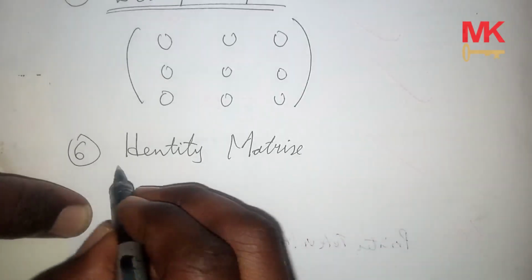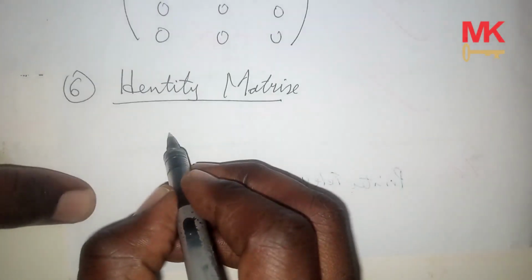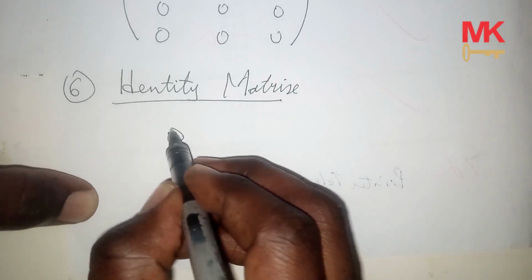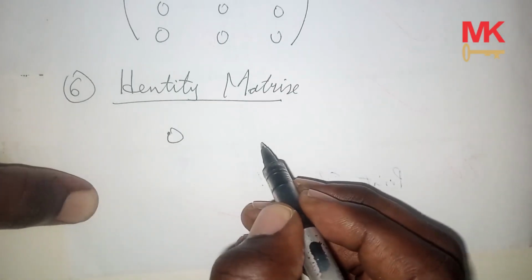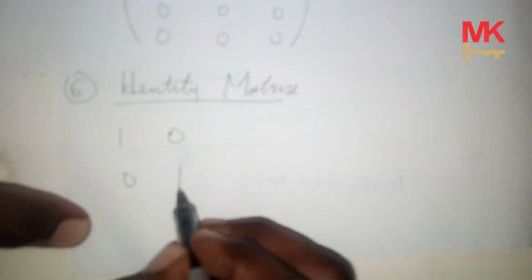A quick example of an identity matrix is, let's say, 1, 0 here, 0, 1 here. You can see that this diagonal here, all the elements are 1. That's called an identity matrix.